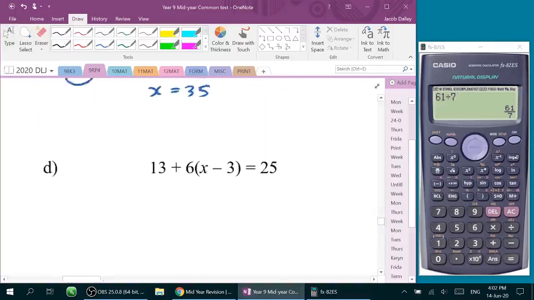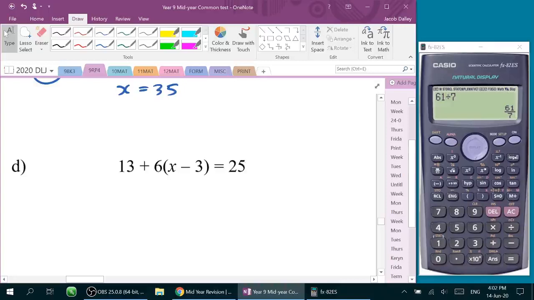Alright, D. So, most common mistake I see students do is they forget entirely about BEDMAS. So, they just straight up add those together. But what you want to do is expand first, because there's a secret multiply inside there.